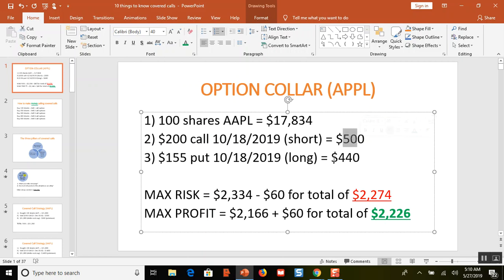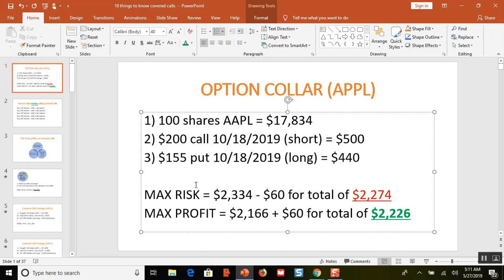And then you took that $500 and you spent it on this $155 put, which expires the same day, October 18, 2019, and I put long. And you spent $440, which leaves you $60 extra, which just goes into your cash account. So you're making a $60 credit.